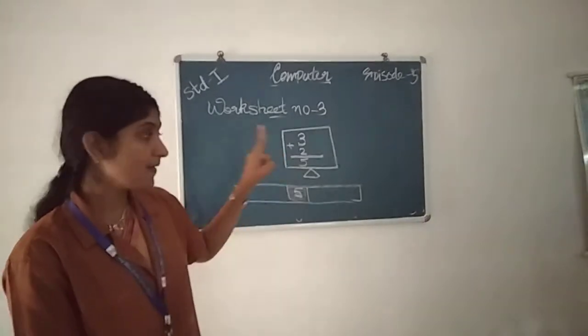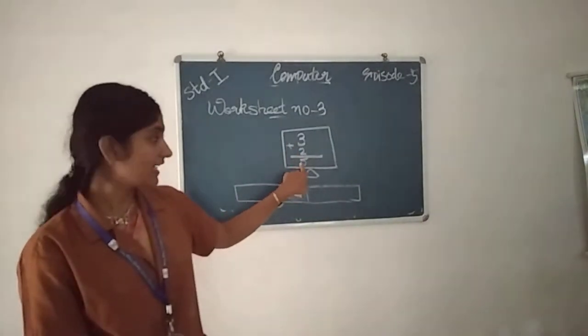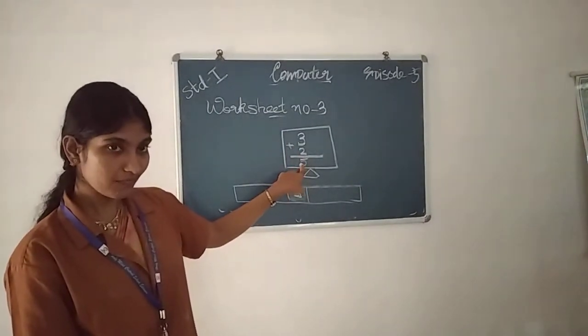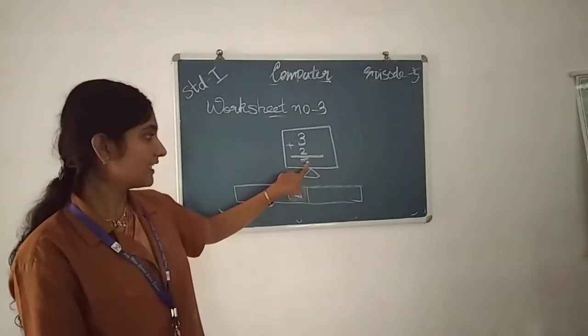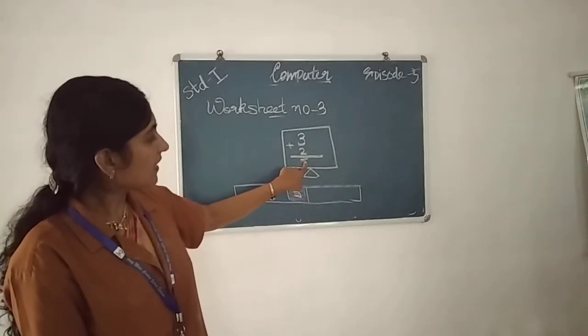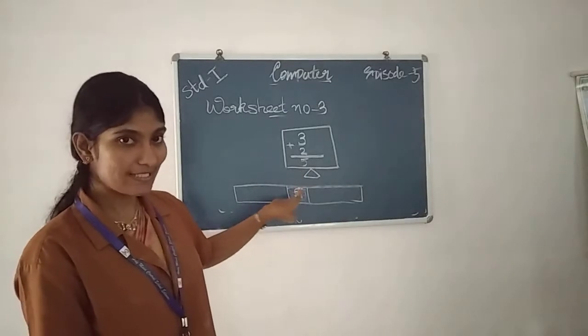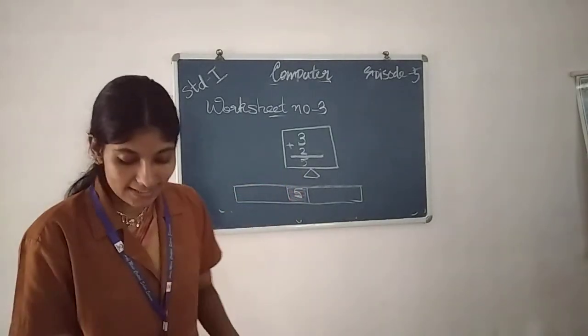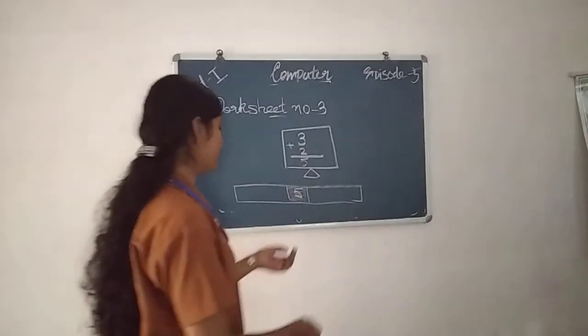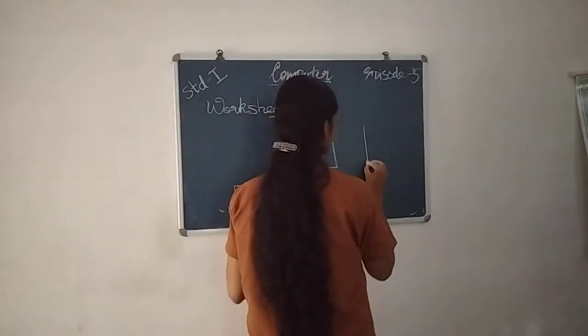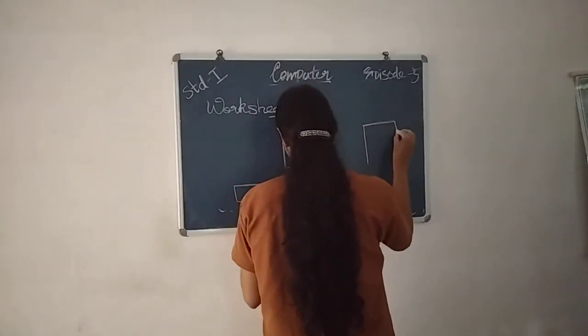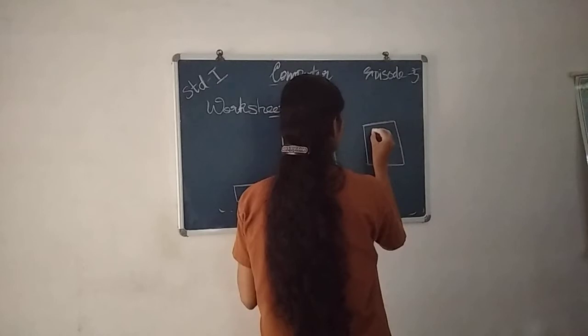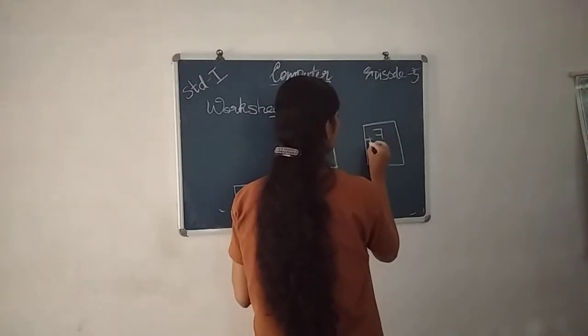So first, write the answer here and then color the number. Okay. Second question, 7 plus 2.